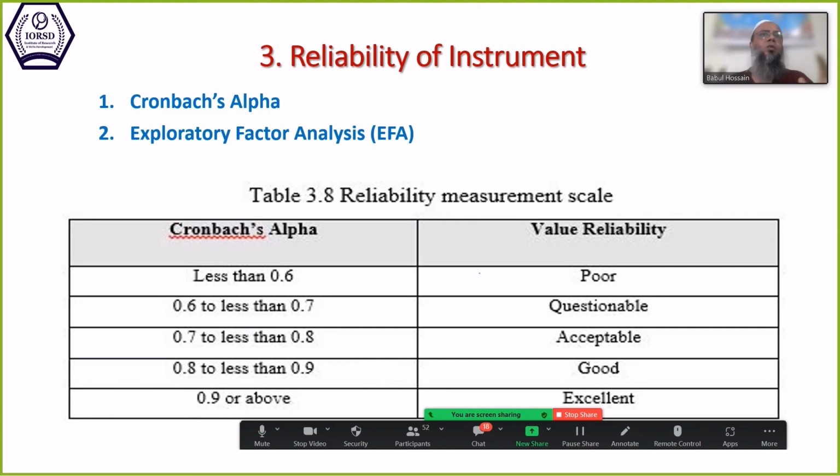These are verified by the academic expert, the industrial expert and the language expert. They observe the language, and the respondents as well check whether they understand the questions or not. These are the pre-test. During the pre-test, we validate the instrument, and after doing this, we go for the pilot study.